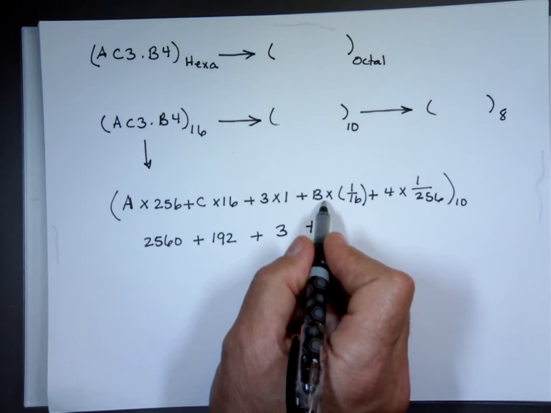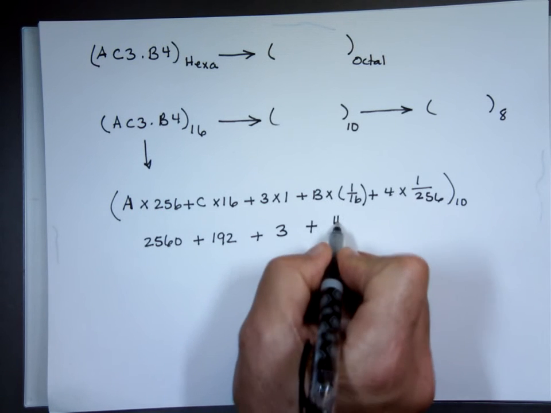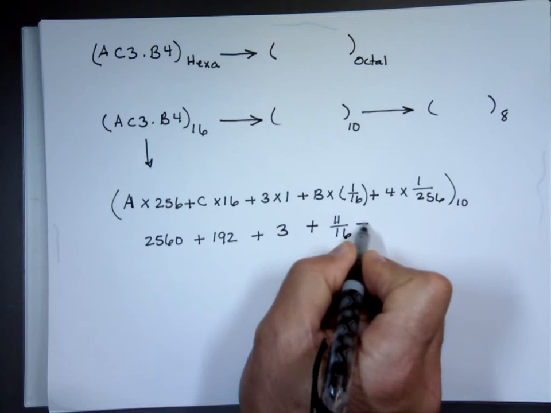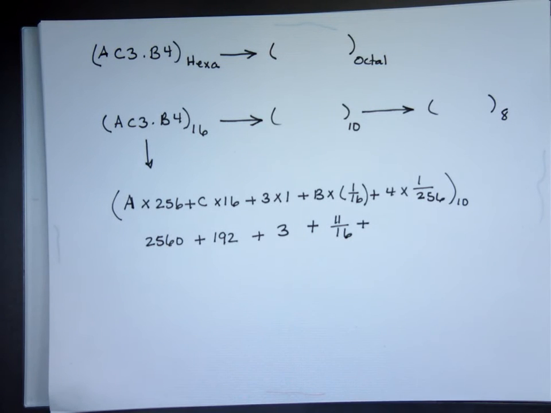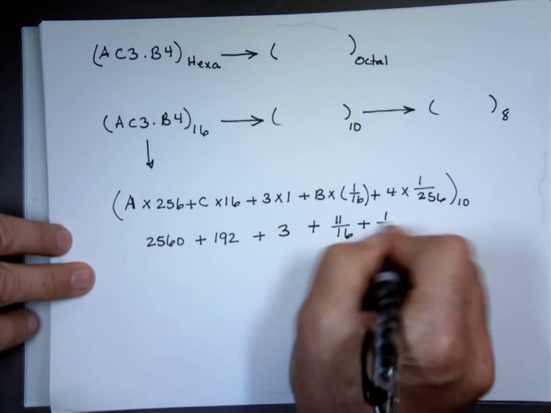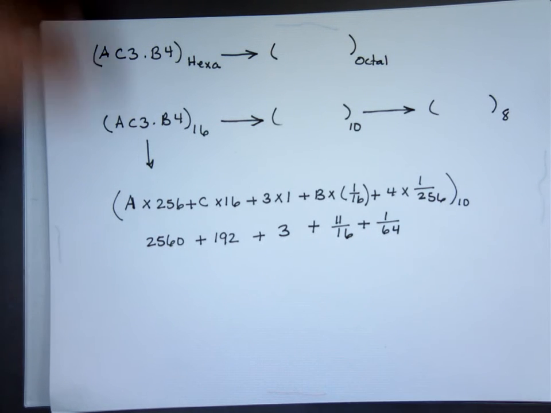B is 11, right? 11 over 16. And this is 4 over 256, which is what? 1 over 64 if you simplify it? Or 4 over 256? Doesn't really matter.